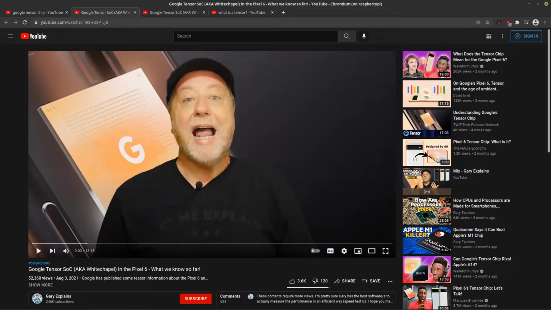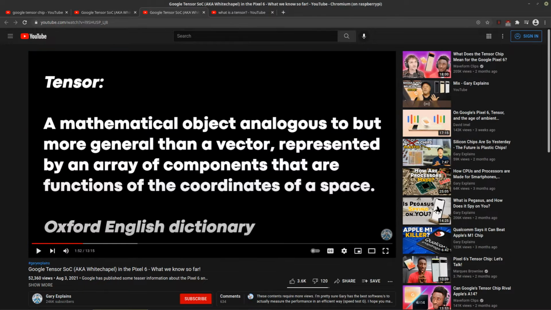One thing he mentioned was the dictionary definition of tensor: a mathematical object analogous to, but more general than, a vector, represented by an array of components that are functions of the coordinates of a space. When I saw this, I was like, that looks familiar. I guess tensor is an original math word, and it is what I thought it was.